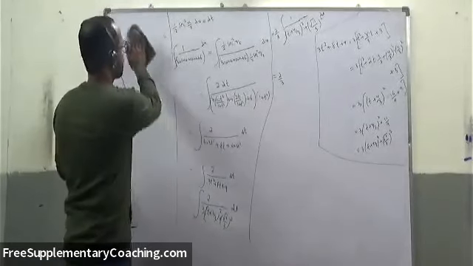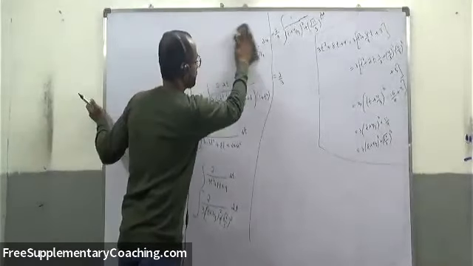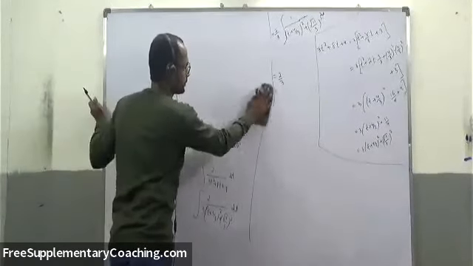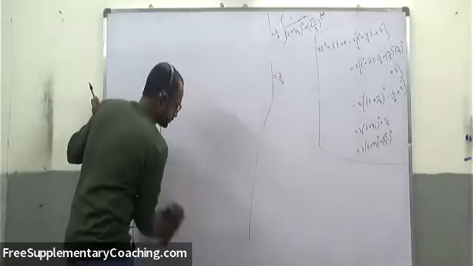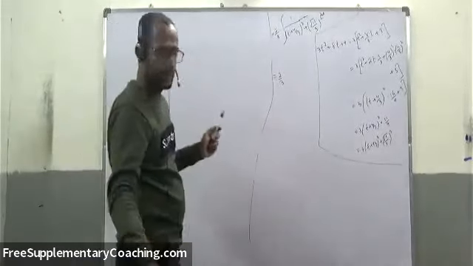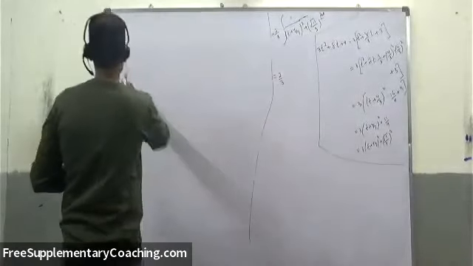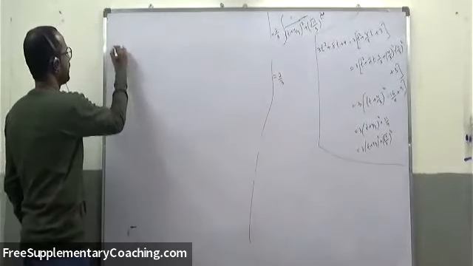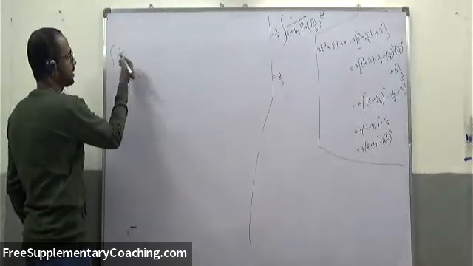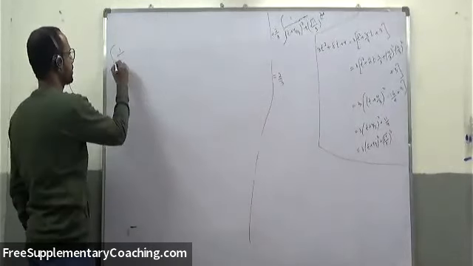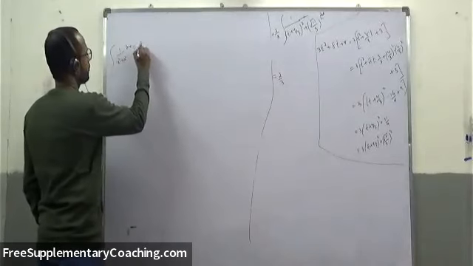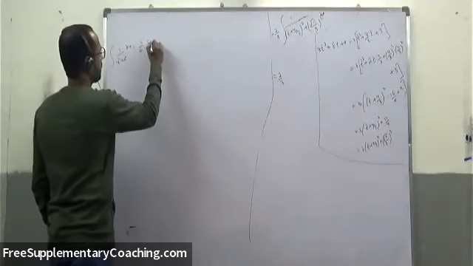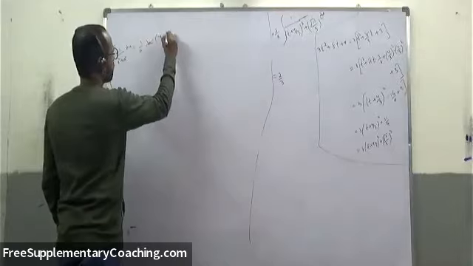Here I am writing the formula. Integration of 1 by x square plus a square, or a square plus x square, into dx is equal to 1 by a tan inverse of x by a.